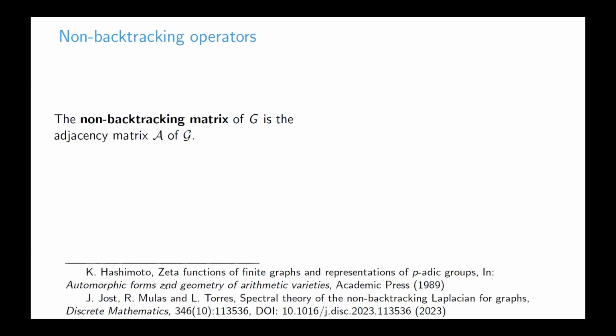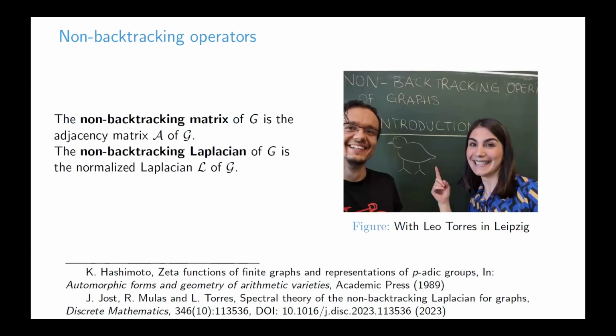And then Leo Torres was working on the non-backtracking matrix, and I was working on the normalized Laplacian when we met. And so we decided to define together the non-backtracking Laplacian, which is the normalized Laplacian of the non-backtracking graph. So it has the same definition as the normalized Laplacian that we saw for simple graphs, but it's defined for a directed graph.